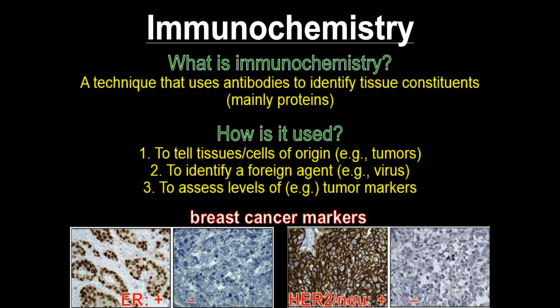Now, I will say parenthetically that estrogen receptor is in the nucleus of the cell, and you can see that the positive, the little brown pigment things, are all kind of oval, which is the nucleus.